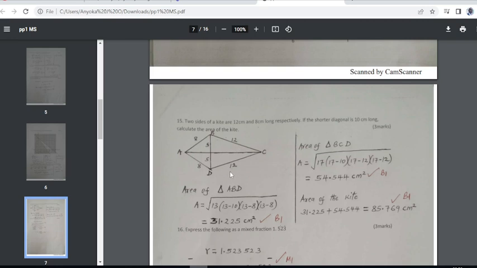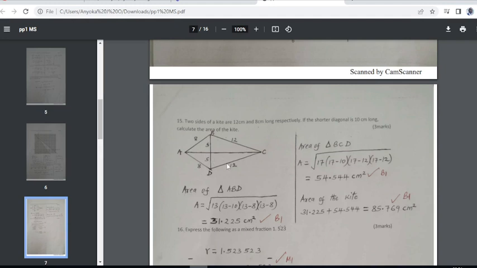We cannot work out the area of a kite unless we partition the kite into two triangles. Some can approach it in many ways, but let's just focus on maybe one.